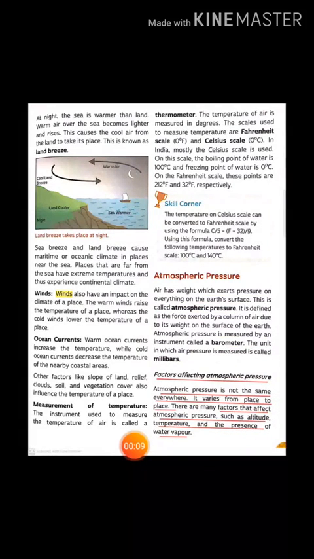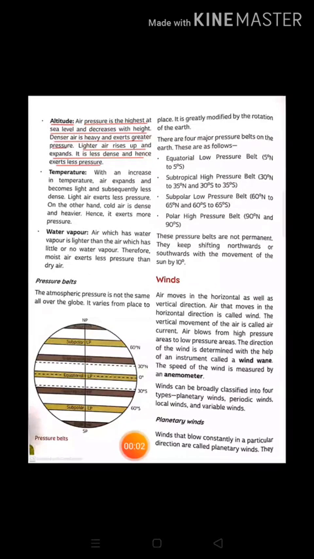As we know, atmospheric pressure is not the same everywhere, as it keeps on changing from place to place. The factors that affect the atmospheric pressure are altitude, temperature, and the presence of water vapor. Now let's understand how the altitude affects the atmospheric pressure of a place.